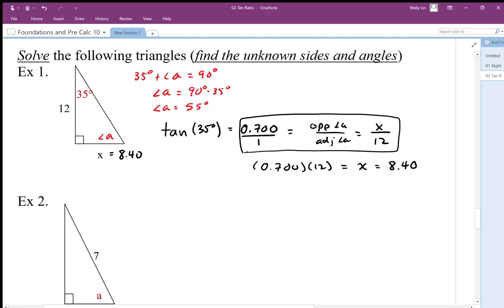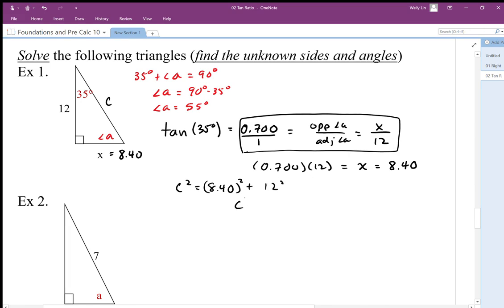So for the third side here, which I'll call C, I could use trig, but because I don't know which ratio involves the hypotenuse, I'm just going to use Pythagoras for now. So C squared is equal to 8.4 squared plus 12 squared.